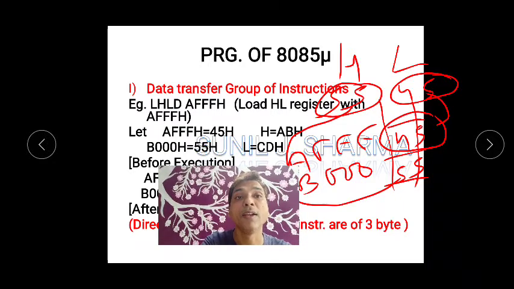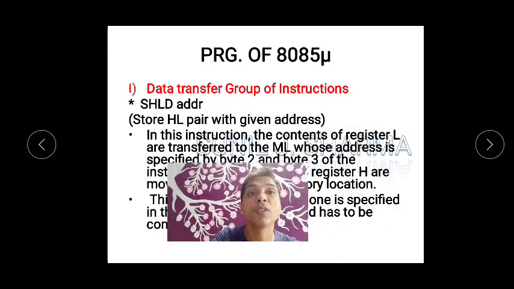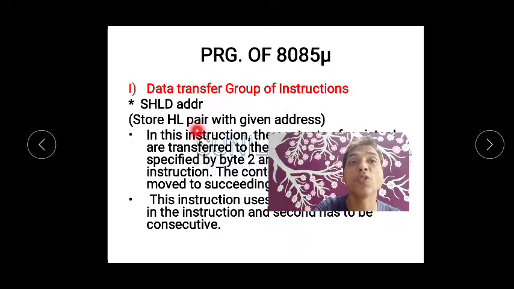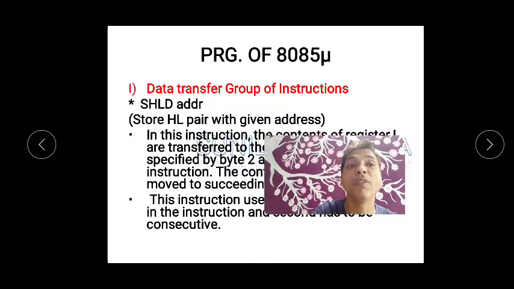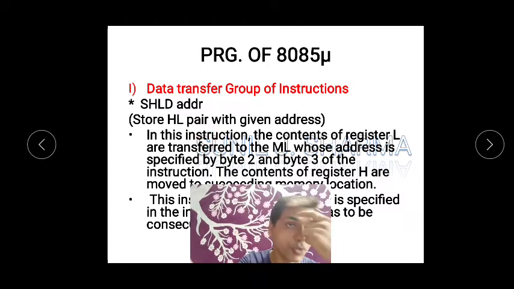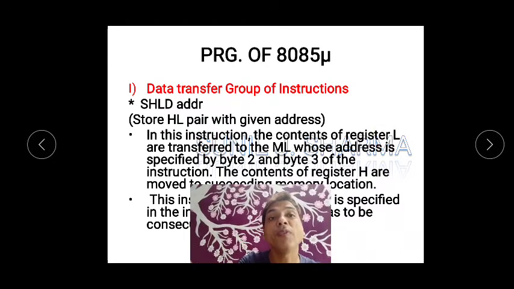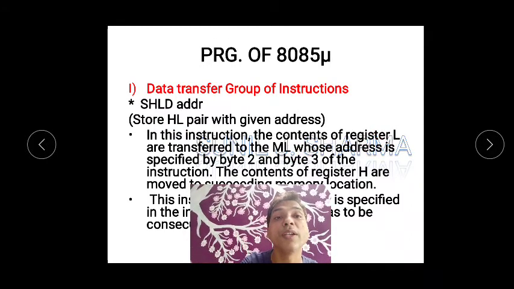Okay, now exactly opposite of this will be SHLD, store HL pair with a given address. In this instruction, the contents of L register are transferred to the memory location whose address is specified by the 2 byte and the 3 byte of the instruction.